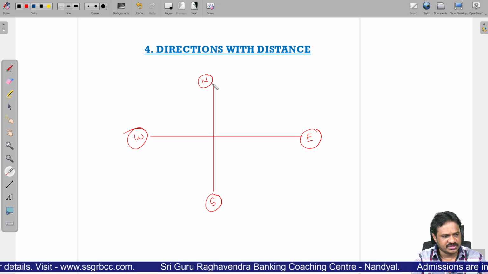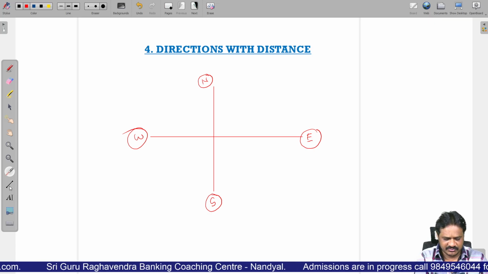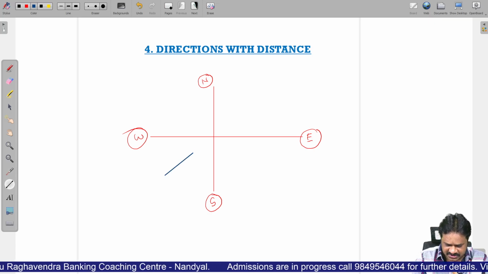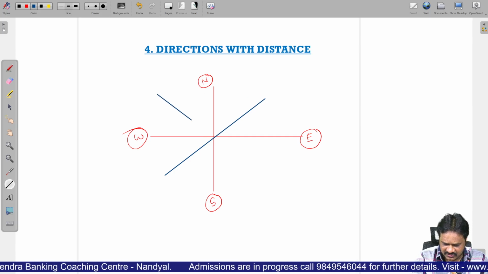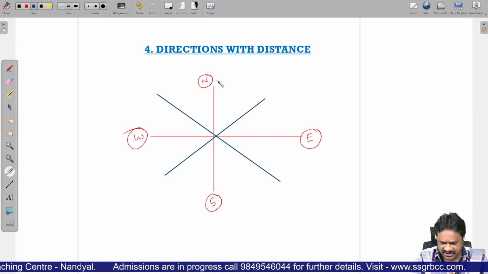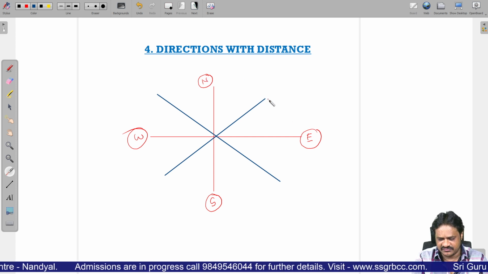One is the north direction, then the east direction, south direction, west direction. Along with that, there are four more directions. What are the four more directions? See here, in between north and east, we have this line.